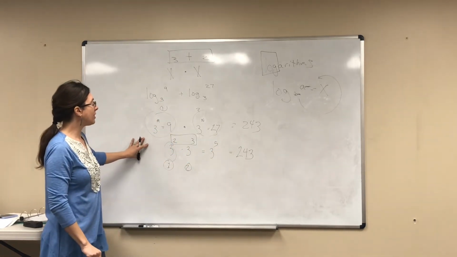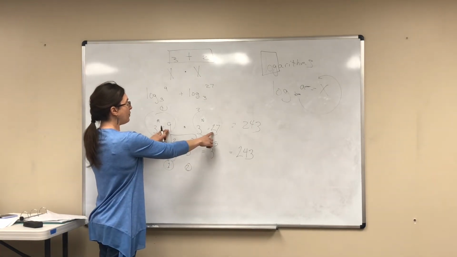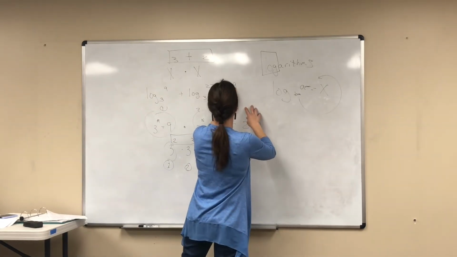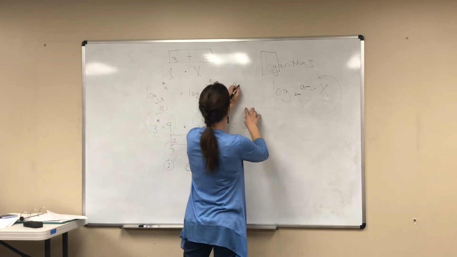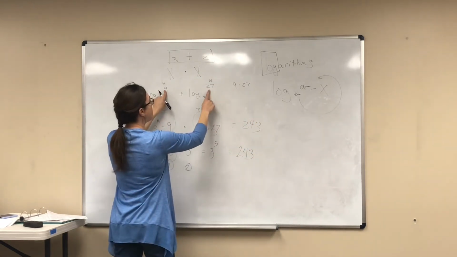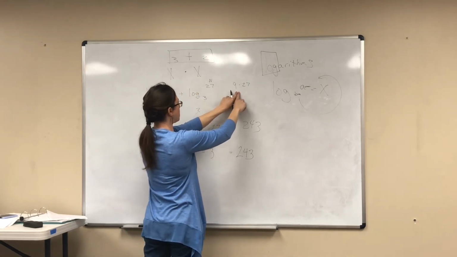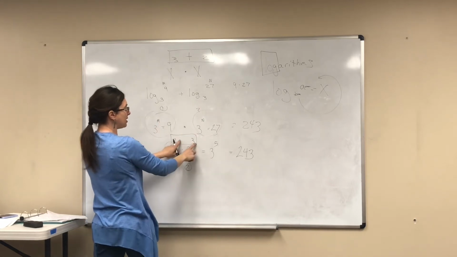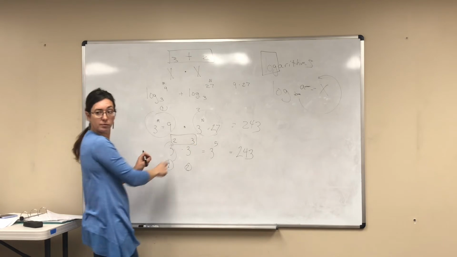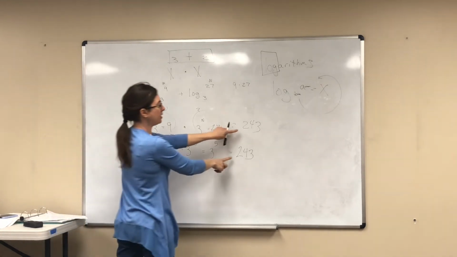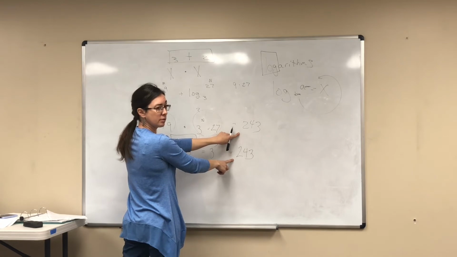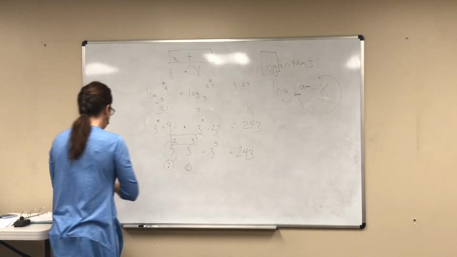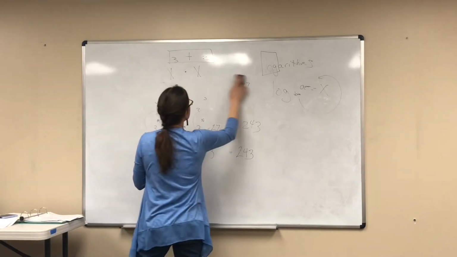So what they are telling us is, if we multiply our answers, remember, when we add them together, if this is m and this is n, we would do 9 times 27. That multiplying the answers gives us the same as multiplying our bases with their exponents. And did that give us the same answer? Yeah. We got 243 both directions. Okay. So what we can do is sometimes you can then split that up.